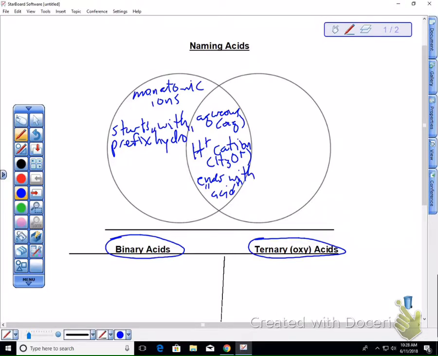So these are your hydrochloric that you've heard of, hydrofluoric, maybe you've heard that. These are all binary acids. You see that prefix. And then finally, they all end with the suffix -ic. Every binary acid will end in -ic.